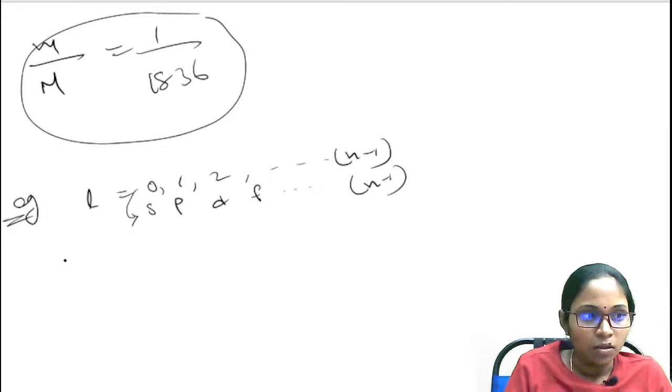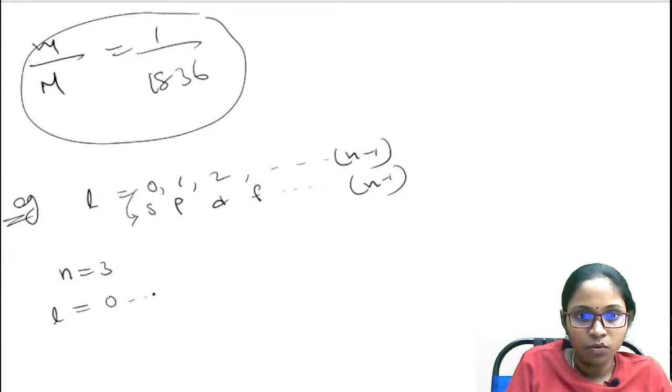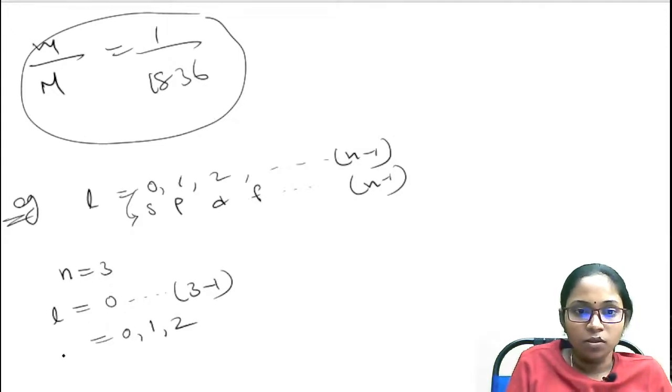Okay, and for example, for n equals to 3, L can take values from 0 to 3 minus 1. That means L values are 0, 1, 2. Here we have SPD subshells.